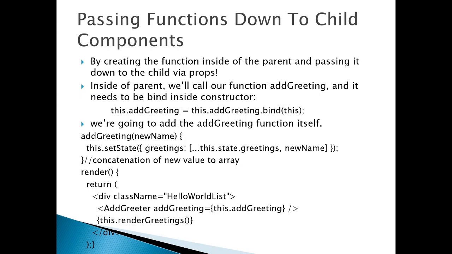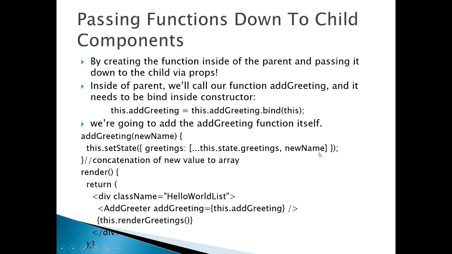Next thing is passing a function to a child component. Last time I also explained how we can add a function into our application. We have to bind that function in the constructor with the variable add greeting, and then we add the add greeting function itself. In it we are setting the state of this greeting, adding.